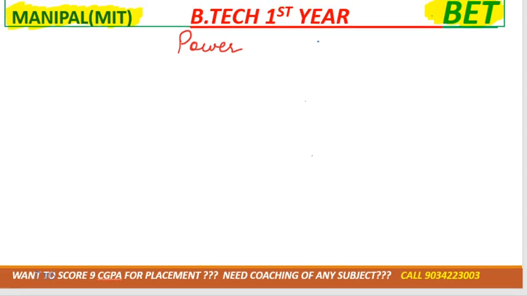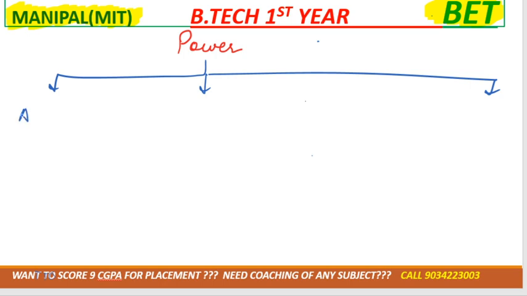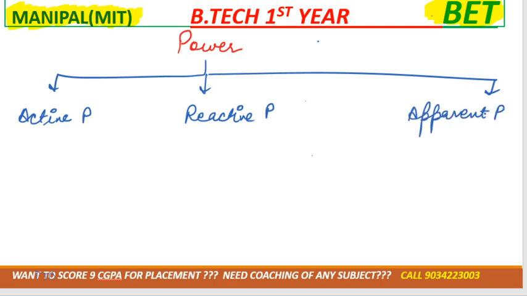Power is basically divided into three categories. One category is active power, another is reactive power, another is apparent power.